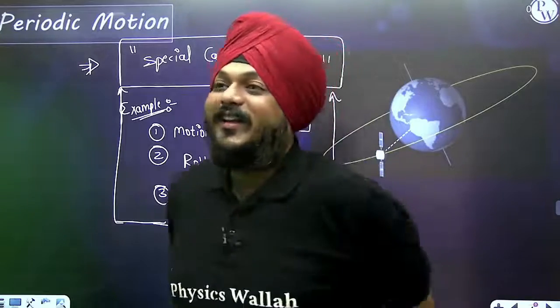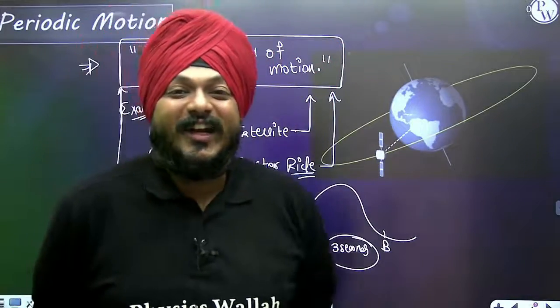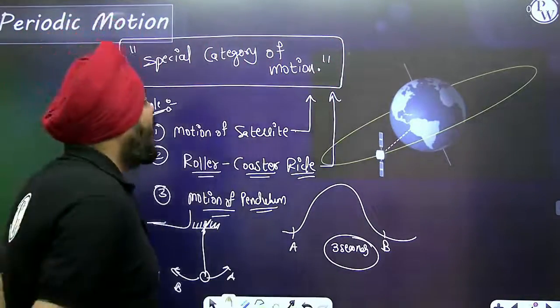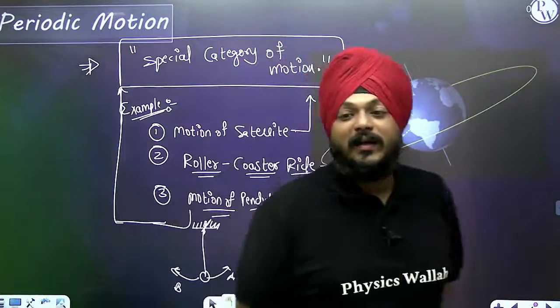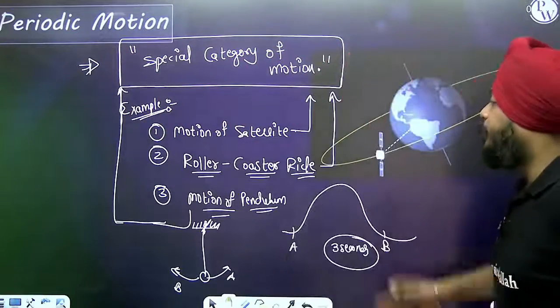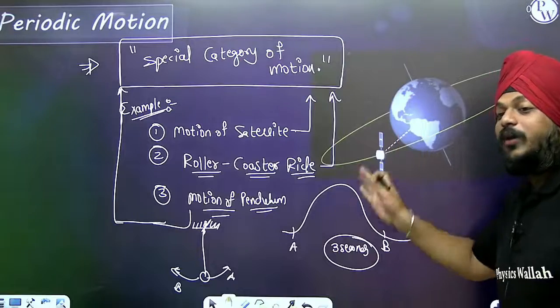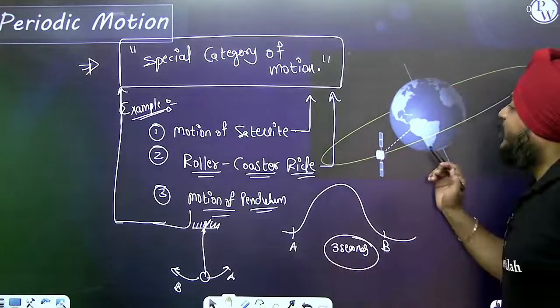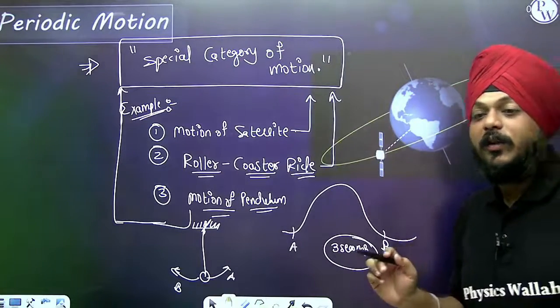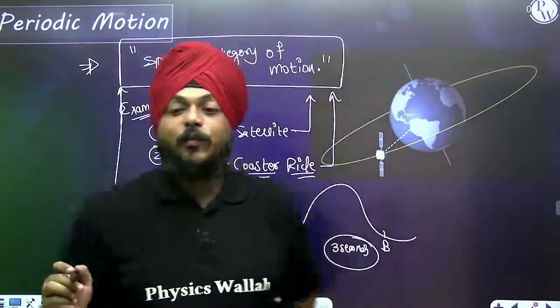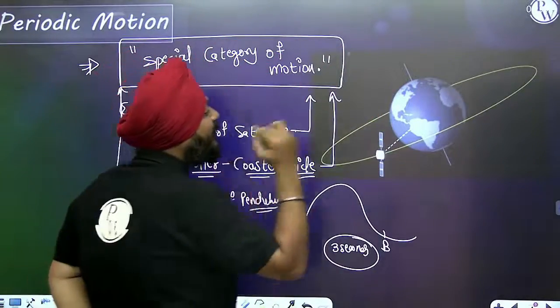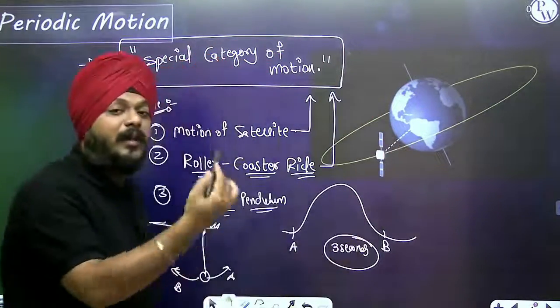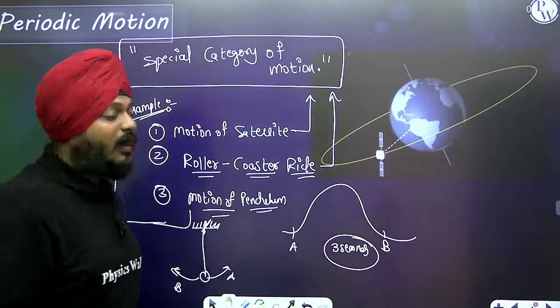Now the students are in chaos. Sir, you told us that at a specific interval of time the path is repeated, but all of those paths are not the same. I've given you 3 examples of periodic motion. The motion of the satellite is on a circular or elliptical path.